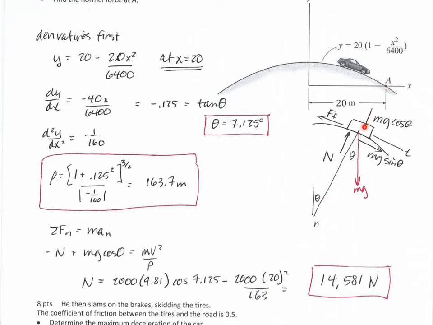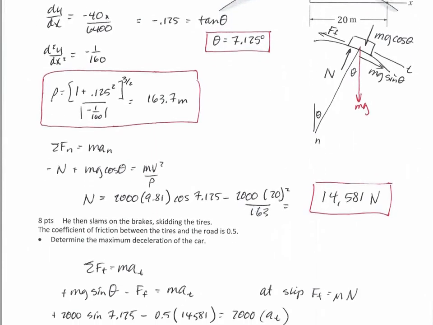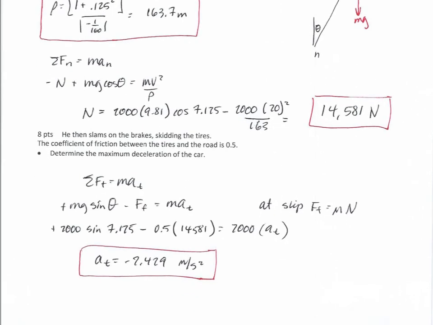That means that mg cosine theta is a positive value, and N, the big N of the normal force, is actually negative. So when you sum the forces in the positive direction, we got negative normal plus mg cosine theta is equal to mv squared over rho. And plug in those numbers in there and you get 14.58 kilonewtons.